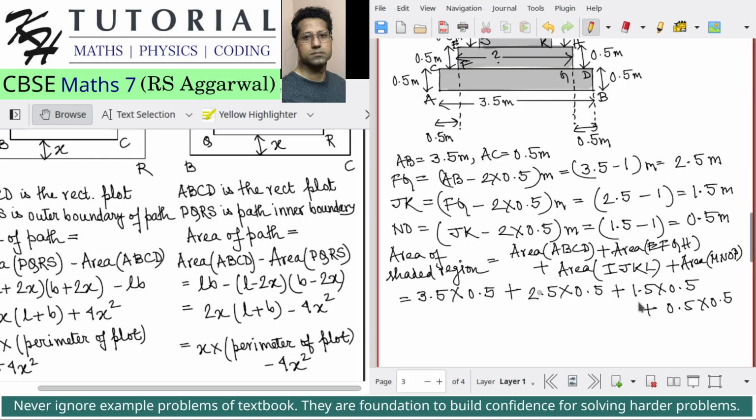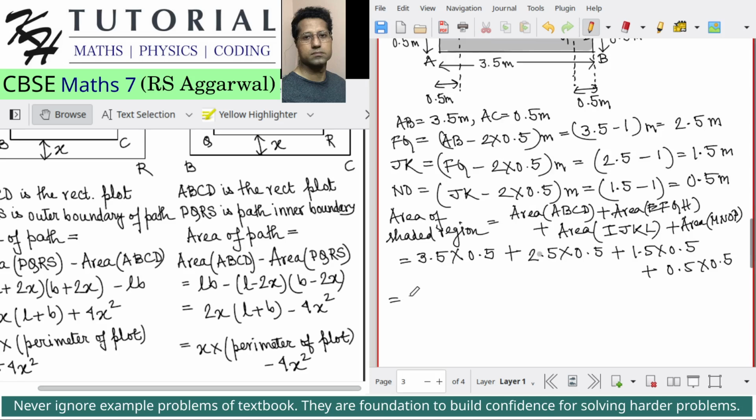So as you can see, we can take 0.5 common from all the terms, and we have 0.5 multiplied by 3.5 plus 2.5 plus 1.5 plus 0.5, this much meter square. So this is equal to 0.5 multiplied by 3.5 plus 2.5 is 6, and 1.5 and 0.5 is 2.